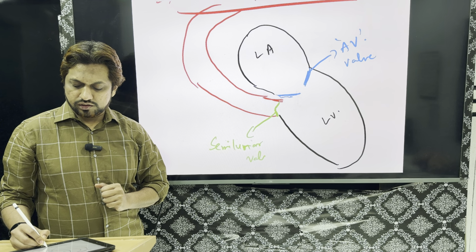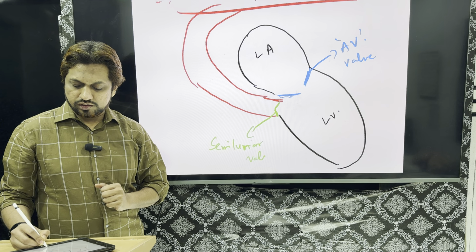During this slow ejection period, the pressure gradually decreases. From the highest point of 120 millimeters, it will gradually go on decreasing because the blood which is flowing out is now moving slowly.